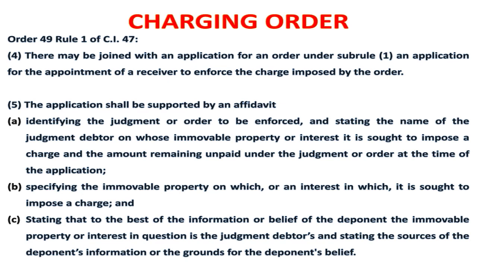B. Specifying the immovable property on which or an interest in which it is sought to impose a charge. And C. Stating that to the best of the information or belief of the deponent, the immovable property or interest in question is the judgment debtor's, and stating the sources of the deponent's information or the grounds for the deponent's belief.